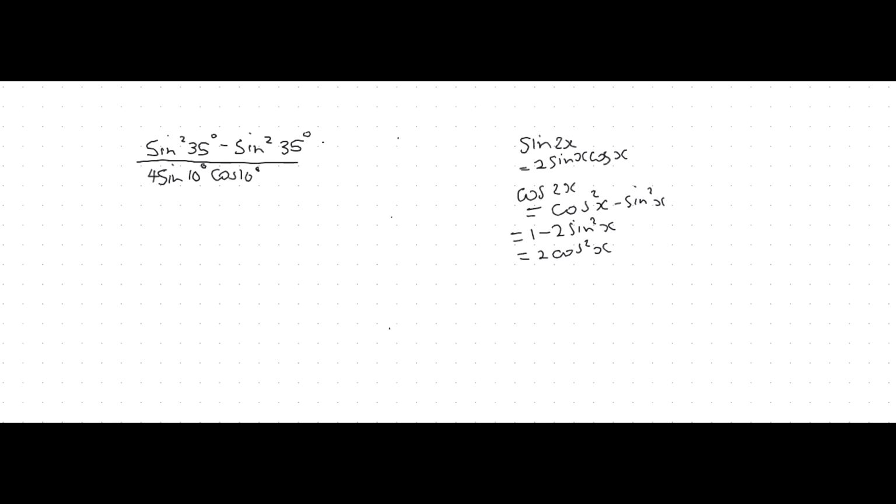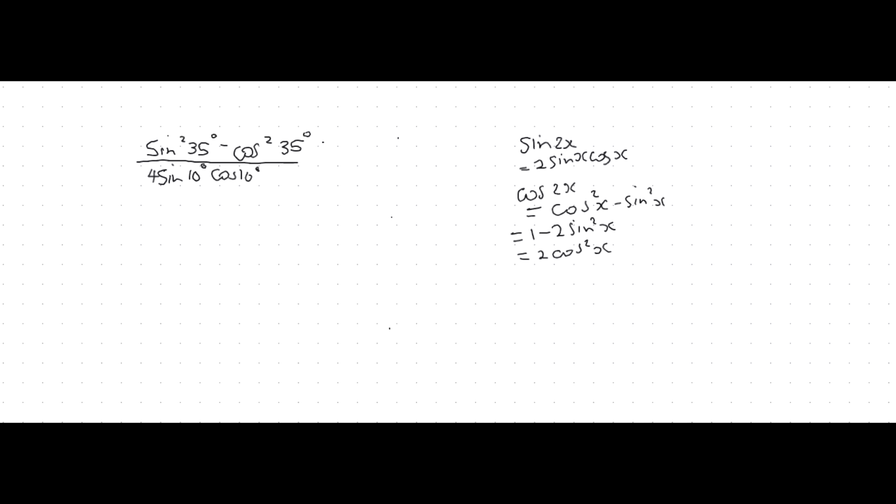When you have something like this, the first thing in your numerator and your denominator is to look at the angles that you are given. In this case, for the numerator, we are given 35 for both. No, this one should be cos, sorry about that. So you need to look at your angles, then you can go ahead.